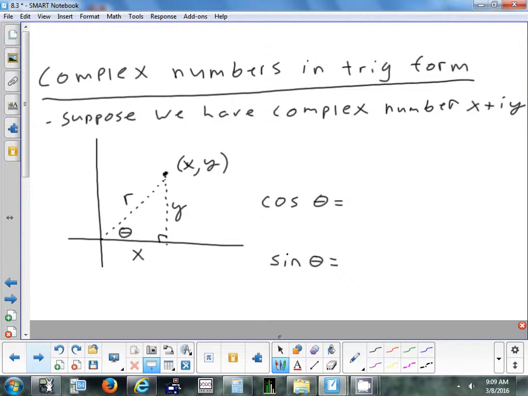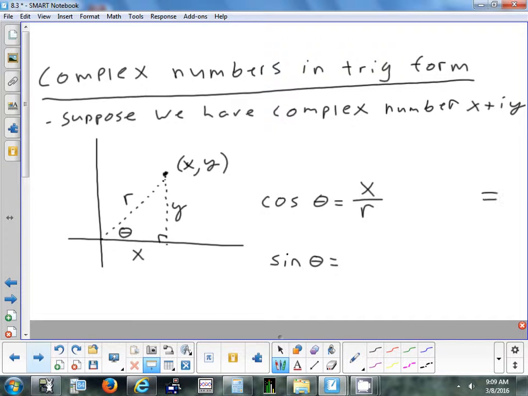It's adjacent over hypotenuse. In this triangle I just drew, what side is adjacent to theta? Yep, x. And what's the hypotenuse? r.